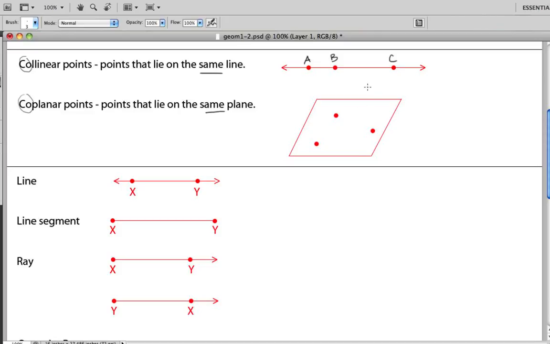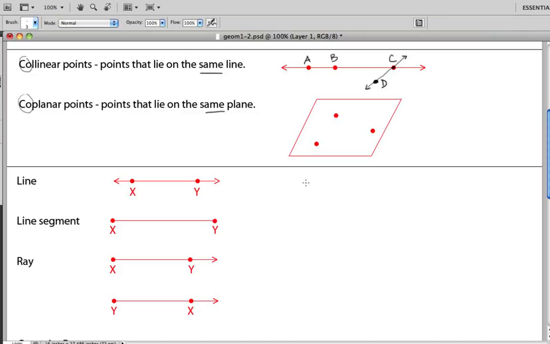Now if I had a line drawn right here going through point C, and I labeled another point D right here, I can still say A, B, and C are collinear, but A and D are not collinear, and B and D are not collinear. But we could also say that C and D are collinear.